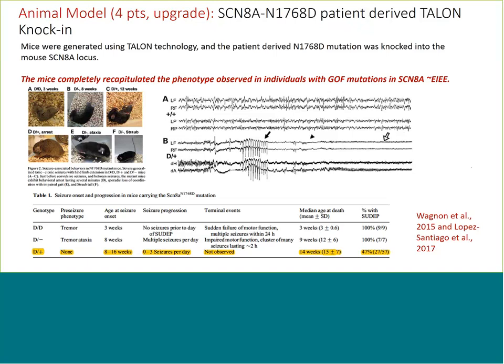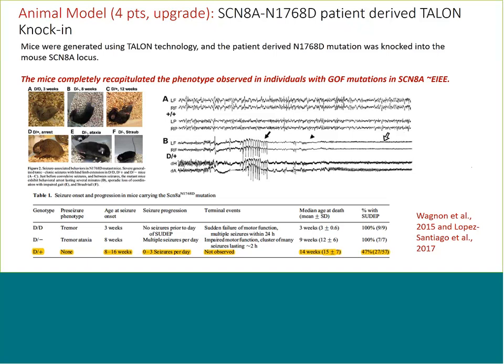And the mice ended up completely recapitulating the phenotype. They developed seizures and epilepsy very early on, and we can see the changes in their readouts here. And if we look at the table below, and this is with the heterozygous mice, which is consistent with the disease being heterozygous, they ended up getting age of onset of seizures between 8 to 16 weeks, 3 seizures per day, and a median age of death at 14 weeks.